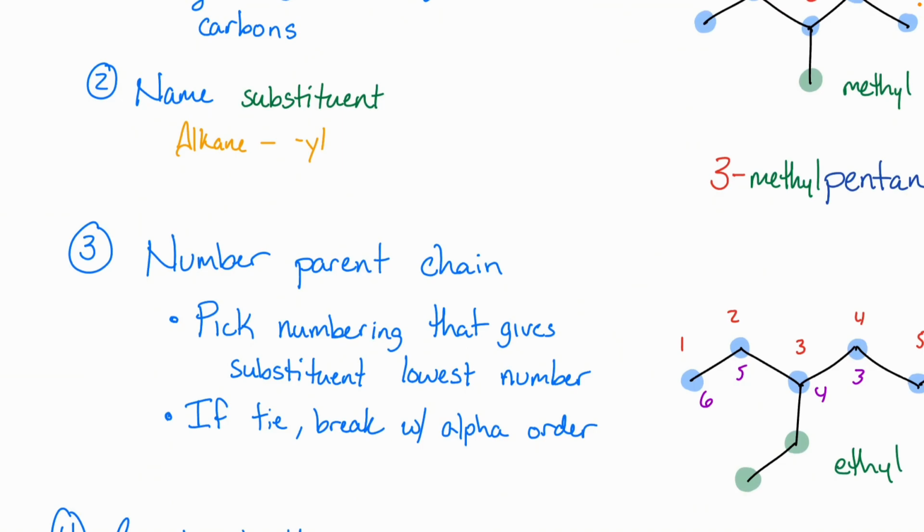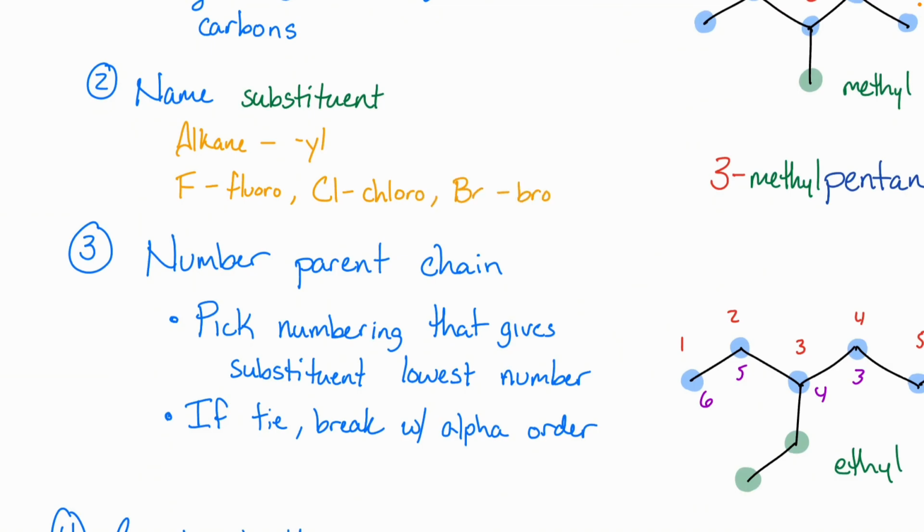Right? So if it was an alkane substituent, we said that it ended in YL, like methyl or ethyl. Fluorine is a fluoro group. Chlorine is a chloro group.